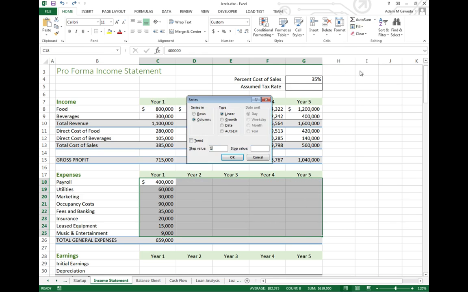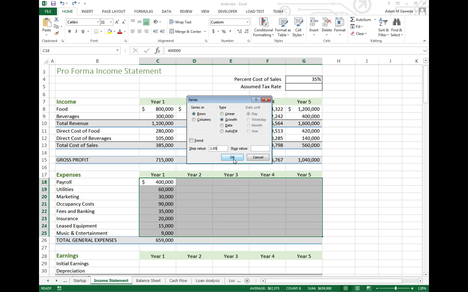We have to deal with all of a sudden the fact that we're dealing with a growth, but our step value is actually going to go up ever so slightly. We're actually saying that the costs of these expenses are going to be going up at about a 5% rate.